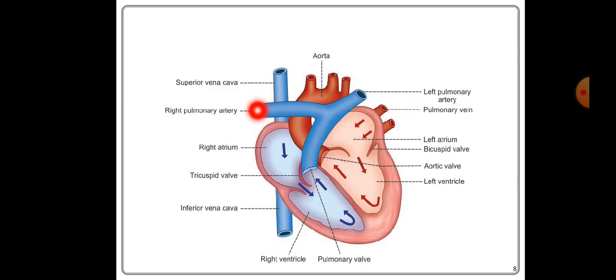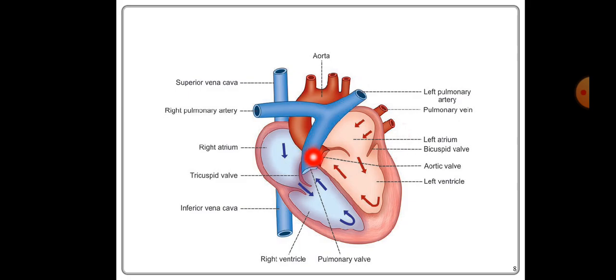This goes to the, like it's by its name, right pulmonary artery. So it goes to the right kidney. Sorry, it goes to the right lung. Then this one, left pulmonary artery, it goes to the left lung. So this is for the blood to be oxygenated.